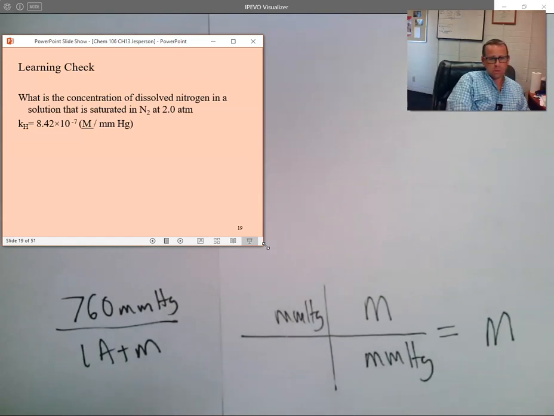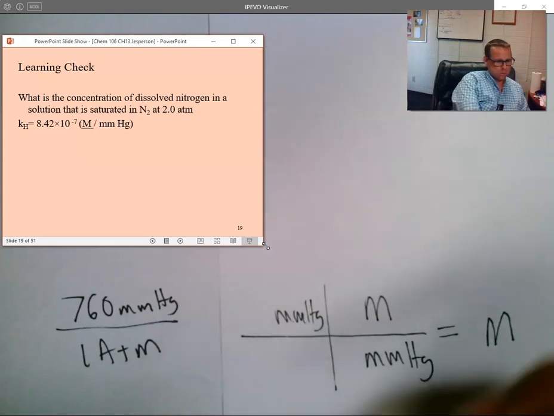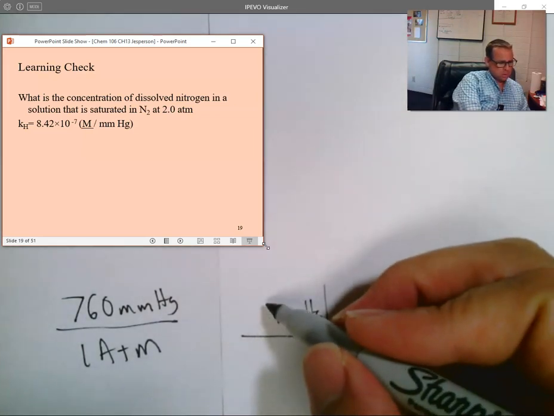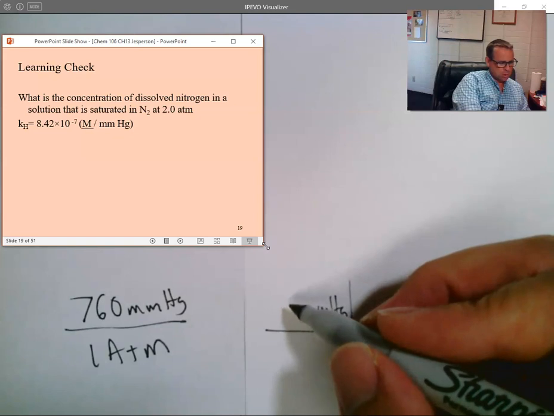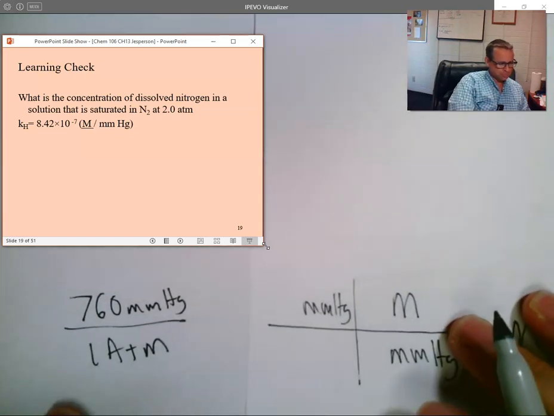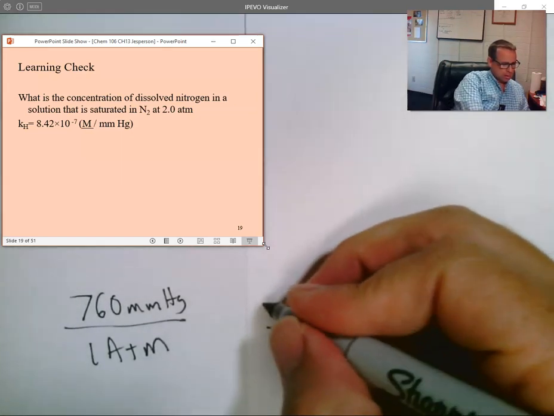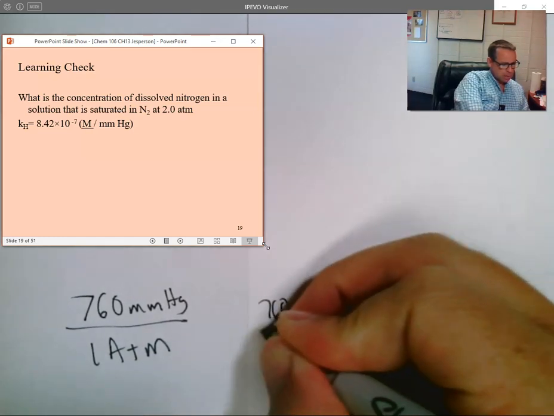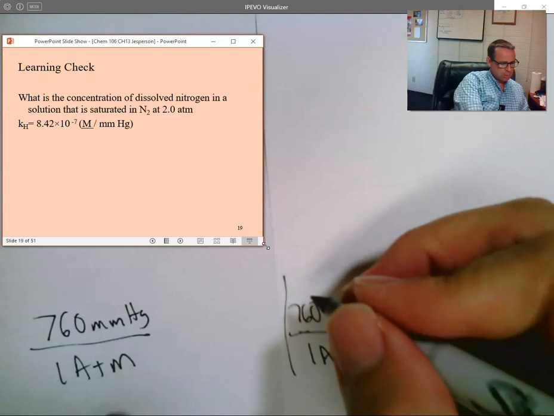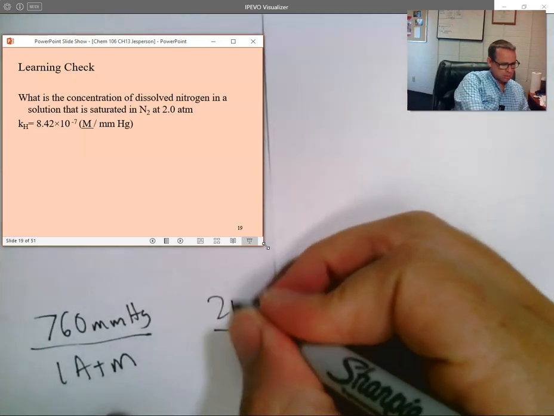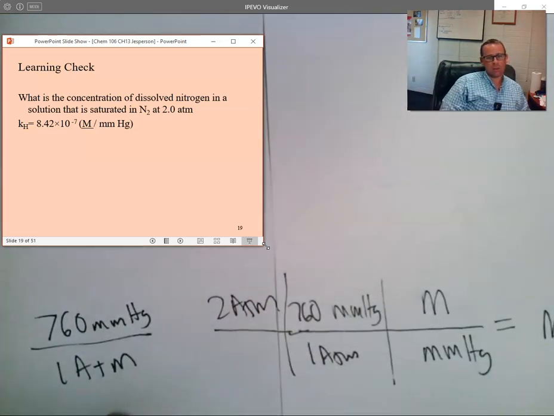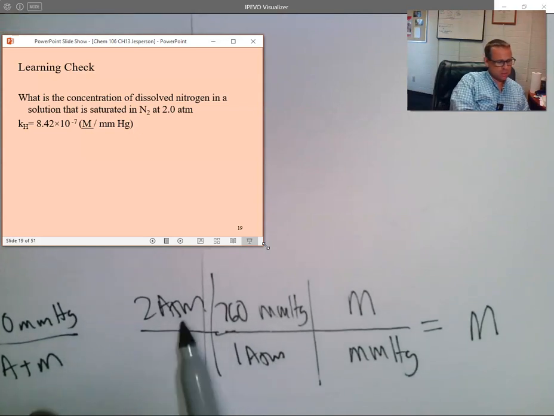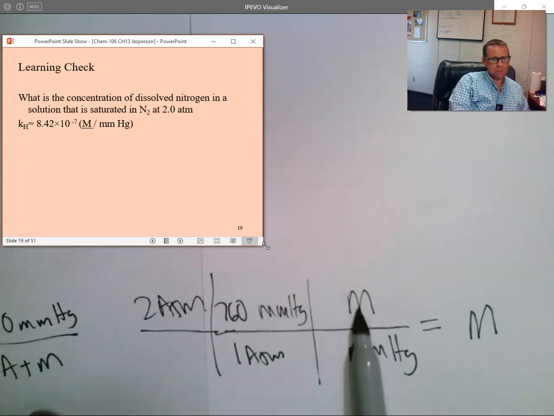And the converted 2 atmospheres is 1,520. All right. So 760 millimeters for every 1 atmosphere, and they say that we had 2 atmospheres. Is that what the problem says? Yes, sir. All right. There we go. So from this business here, we should be. Oh, what number do we have to put in here?